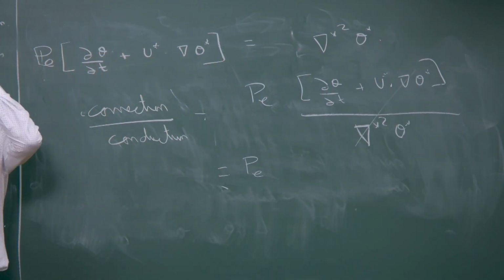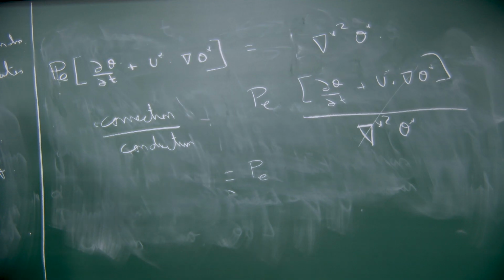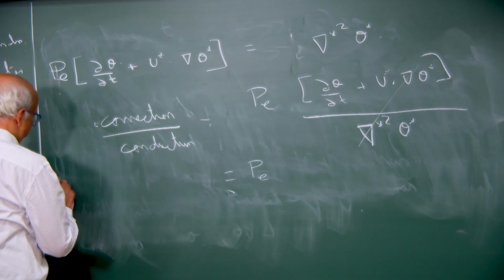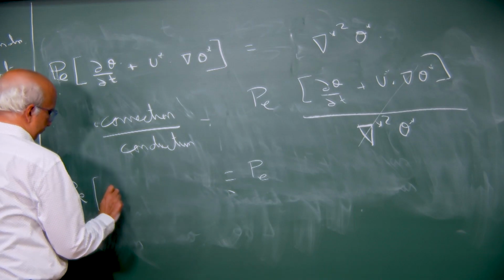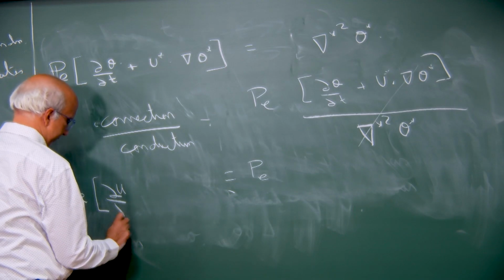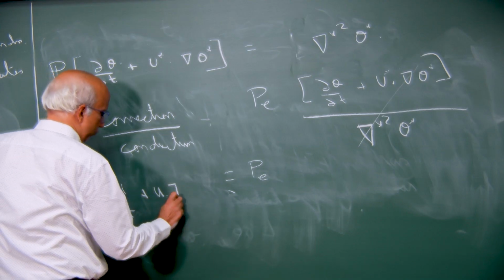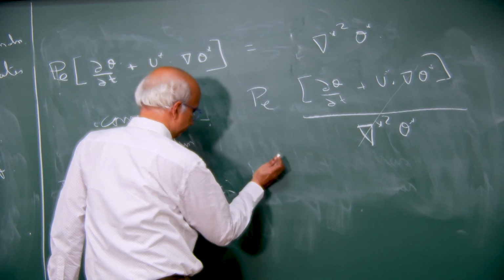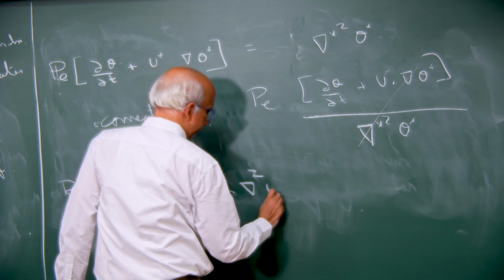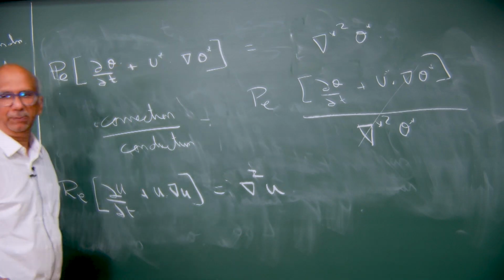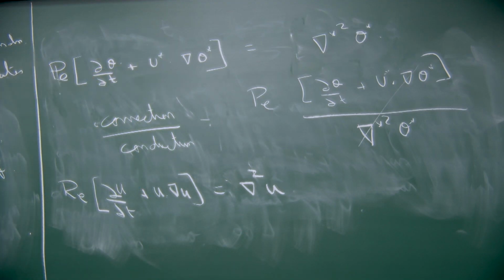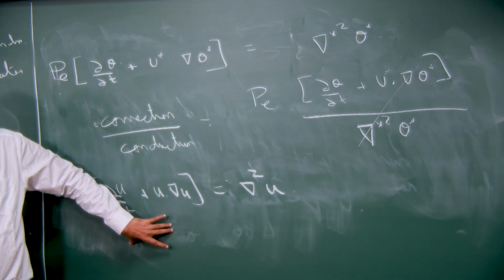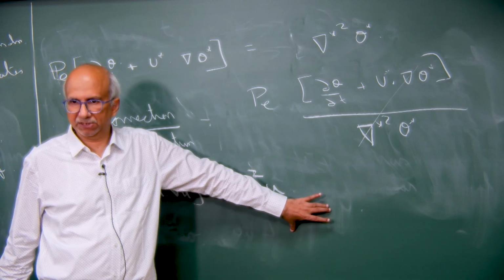See, when you did the Reynolds number, we got du by dt plus u dot del u equals del squared u in dimensionless form. Again, this whole thing, the left hand side, is my inertial term, the right hand side is my viscous term.